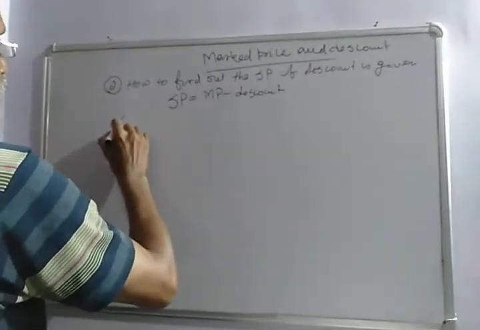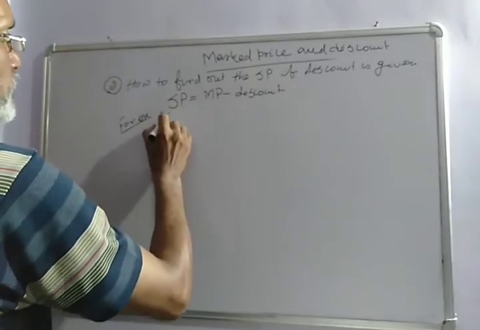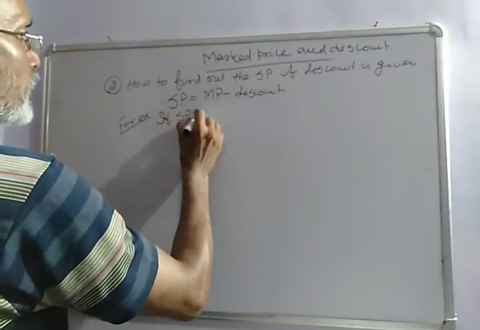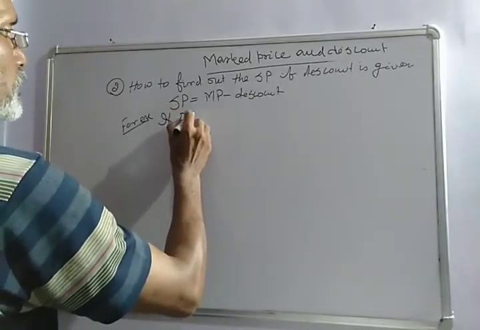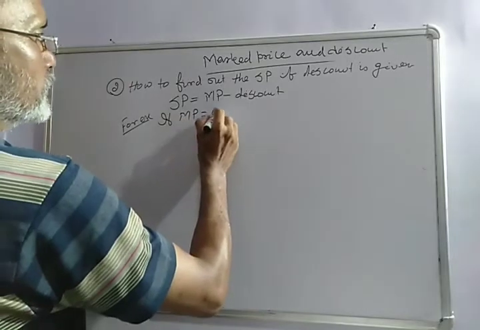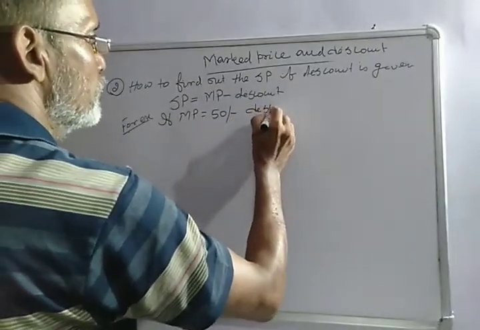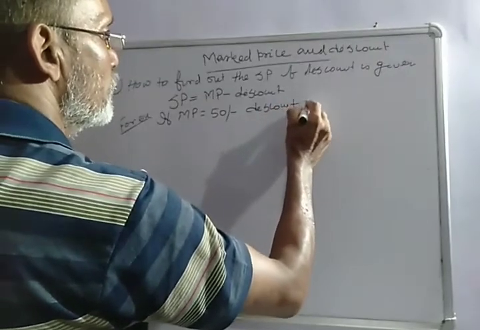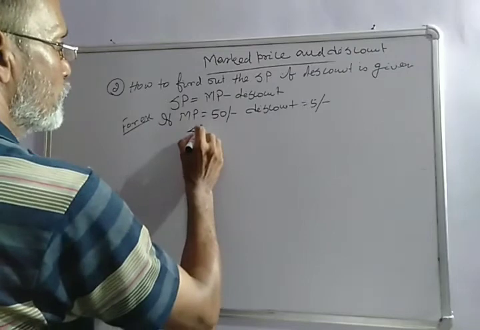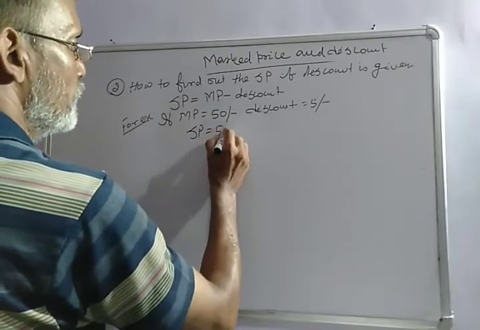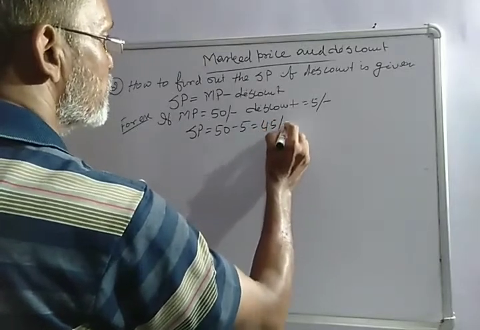For example, if the market price is equal to 50 rupees, discount is equal to 5 rupees, then SP is equal to 50 minus 5, which is equal to 45 rupees.